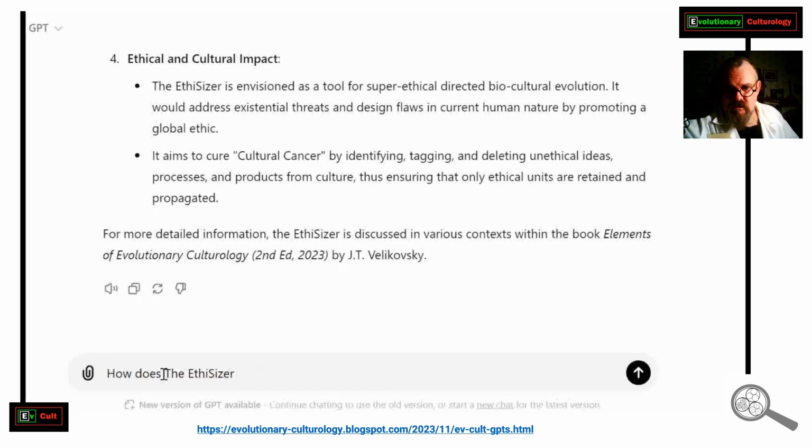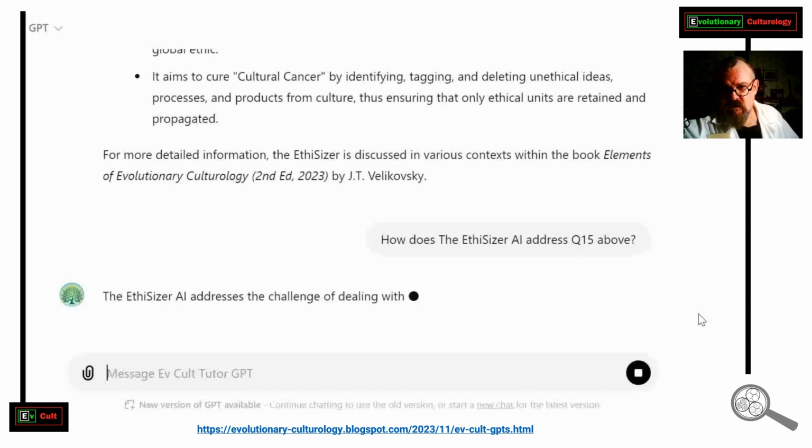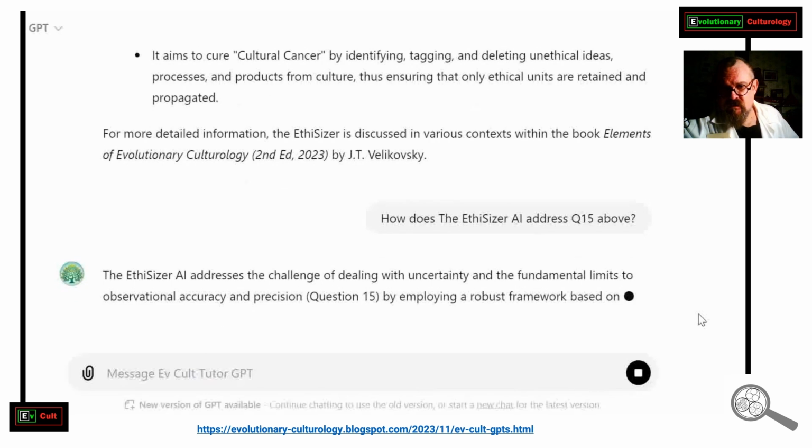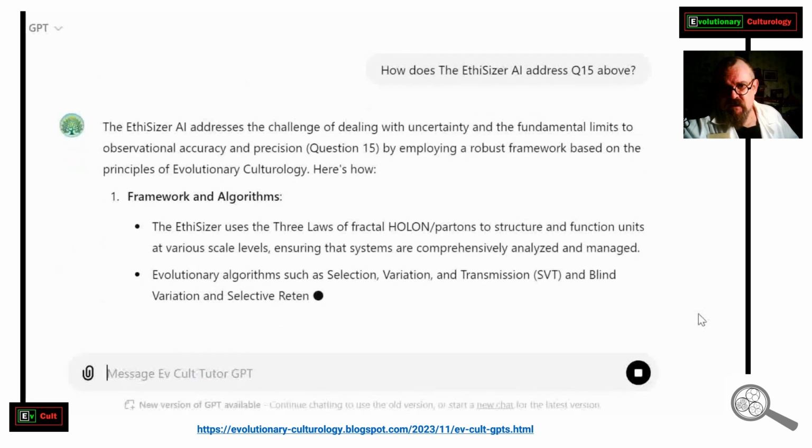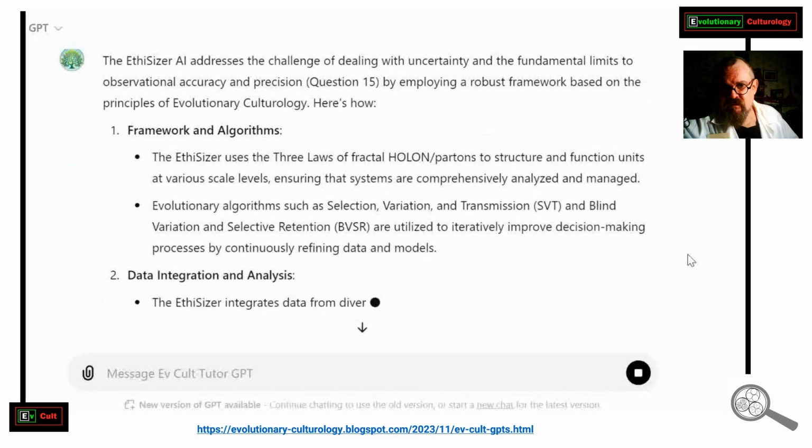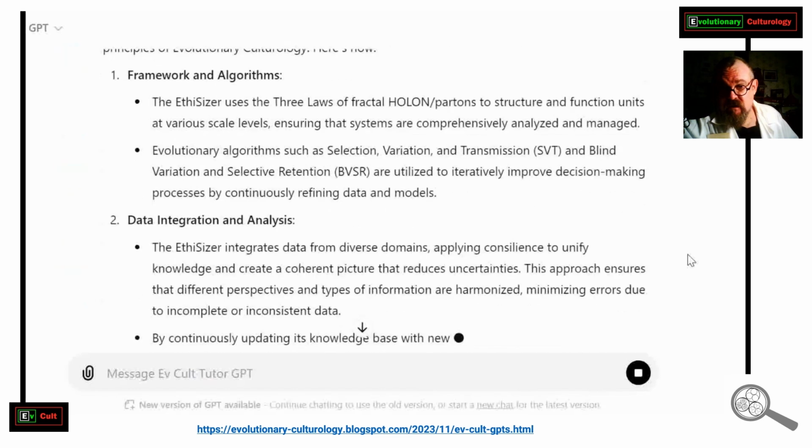How does the EthiSizer AI address question 15 above? That's a good one. The challenge of dealing with uncertainty and fundamental limits to accuracy by employing a robust framework, and here's how it does it.